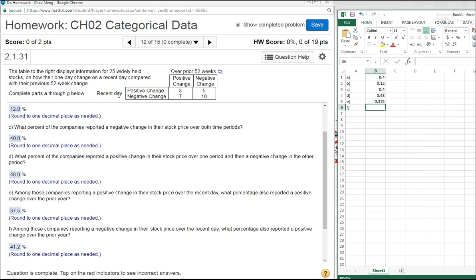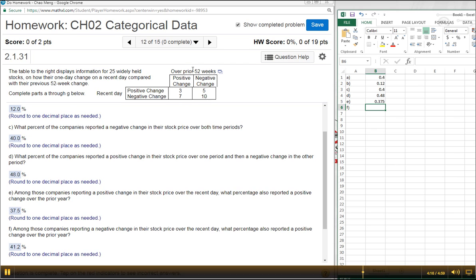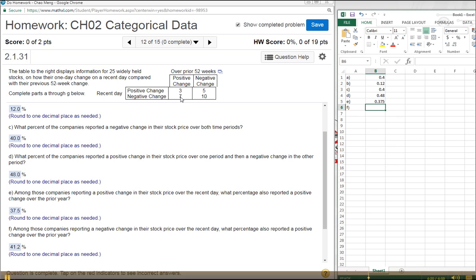For the recent day, we fix the value to negative change. We are only looking at the second row. We are only talking about 7 plus 10 companies in this case. Among those 7 plus 10 companies, we need to look for how many reported a positive change in the prior 52 weeks. That gives us 7.